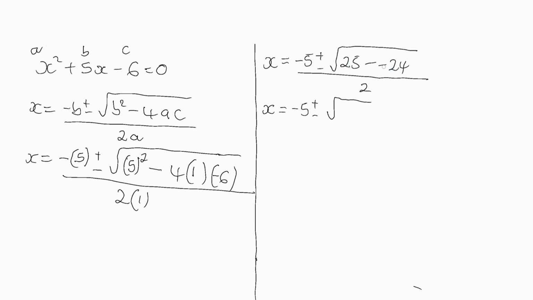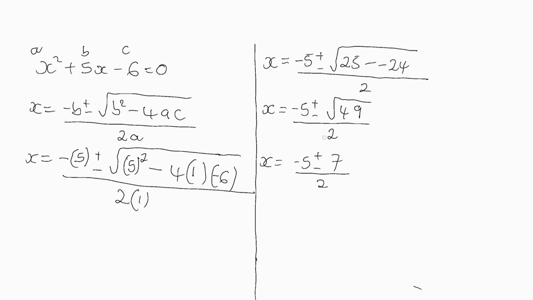So 25 plus 24 is equal to 49 over 2. Alright, x is equal to -5 plus or minus the square root of 49, which is 7, over 2. So now we have something which is much more simple.